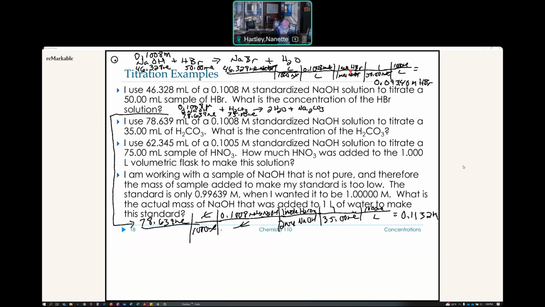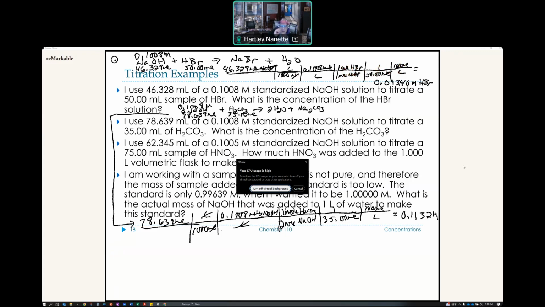Now I'm in moles of HBr because I've canceled the moles of NaOH. I divide by the volume of the HBr, which is 50 milliliters, and then convert that to liters, so I multiply by 1,000 milliliters per liter. And it gives me moles per liter on this particular solution.